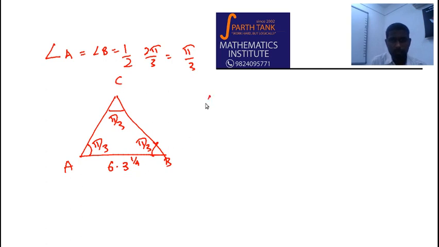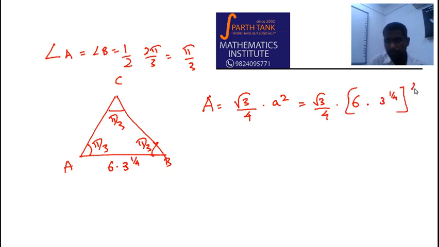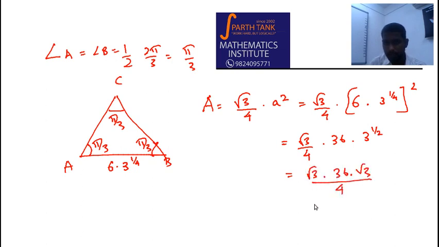So the area of the equilateral triangle is root 3 by 4 times the side squared. So it is root 3 by 4 times 6 into 3 power 1 by 4, the whole square, which is root 3 by 4 into 36 into 3 to the power 1 by 2. 3 to the power 1 by 2 is root 3. So root 3 into 36 into root 3 by 4, which is 3 times 9, or 27.